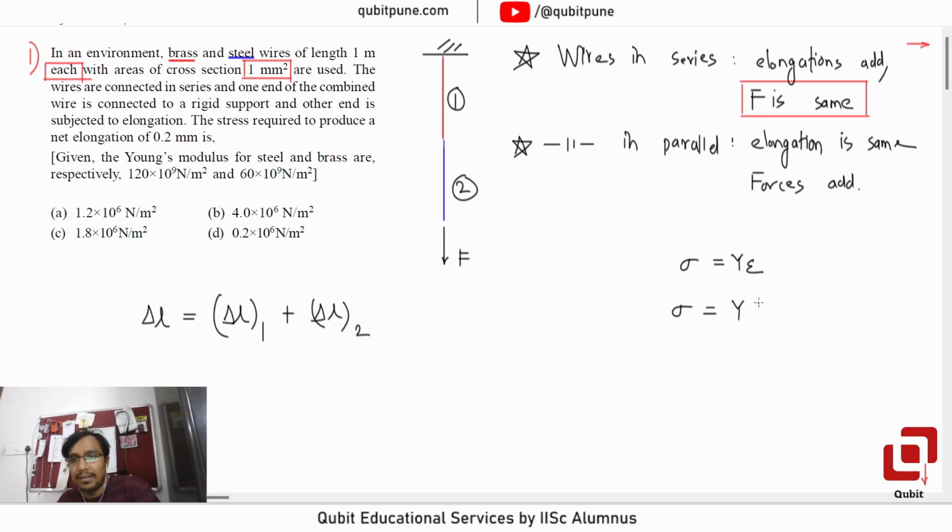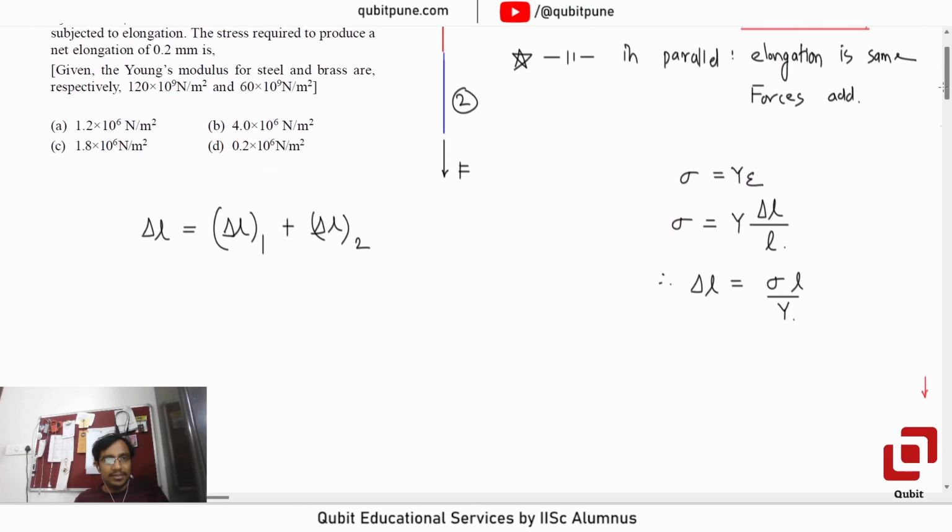What will be the strain here? Change in length upon original length. Is it clear? So what is delta L now? Delta L is sigma L upon Y. Now we can use that here. Net elongation is 0.2, so 0.2 into 10 raised to negative 3. Sigma is what we want to determine, so we can take sigma common.